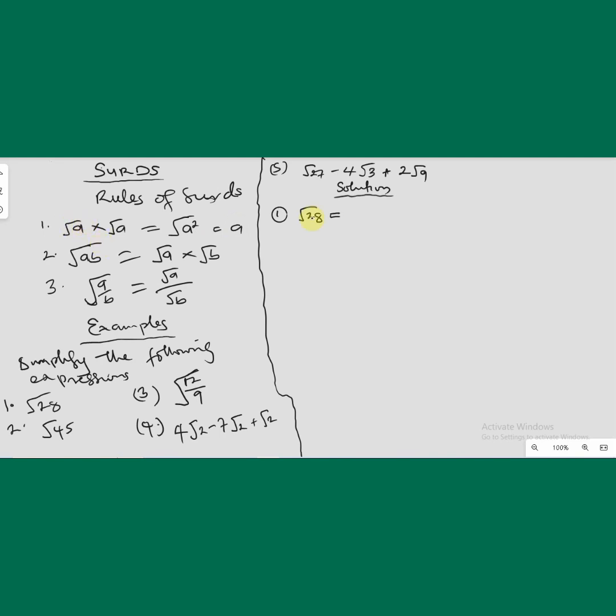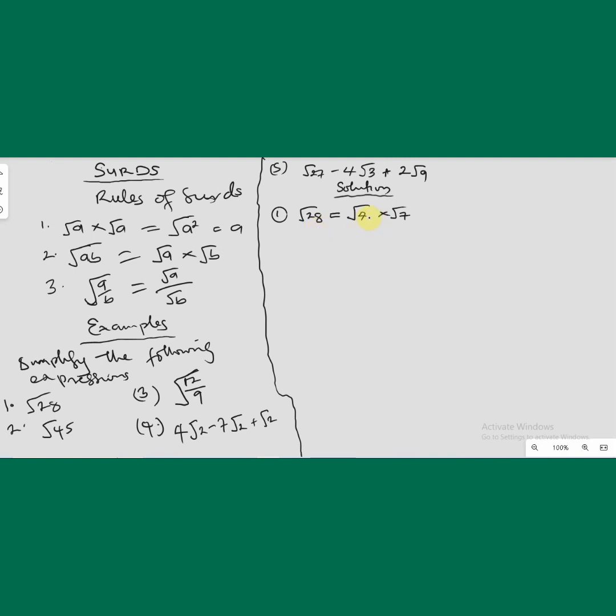If you break 28 down, you're going to have surd 4 times surd 7, because you know that 4 times 7 is 28.